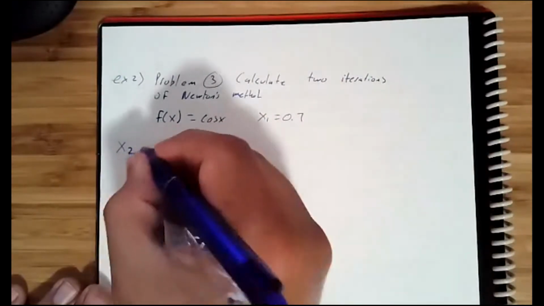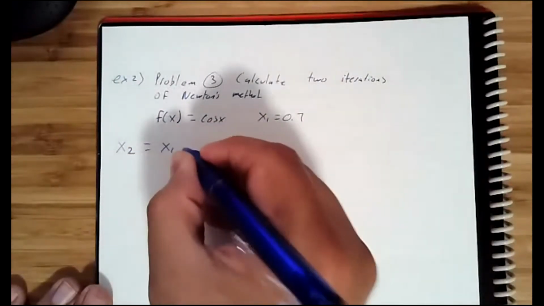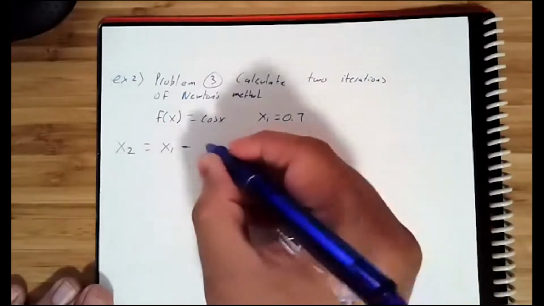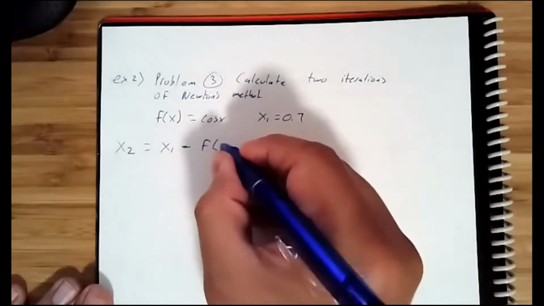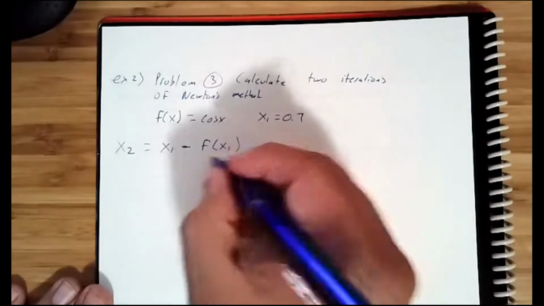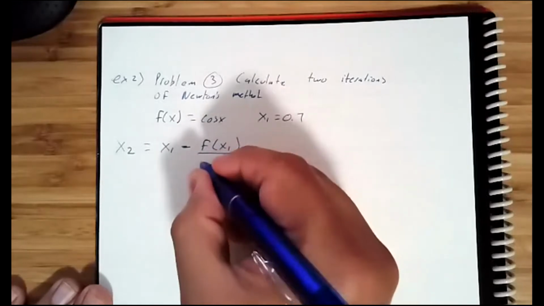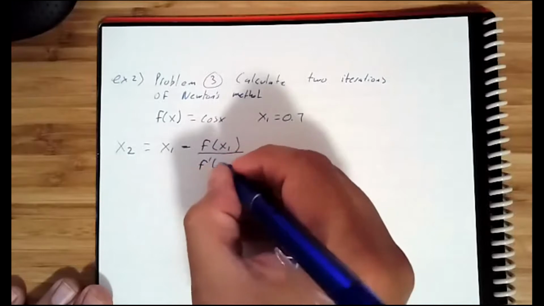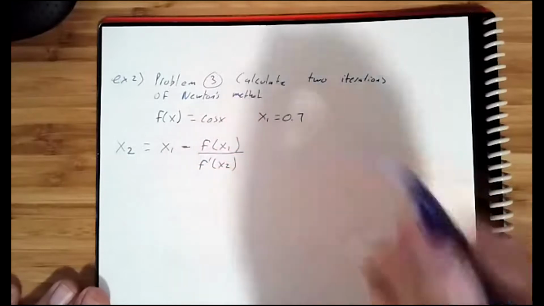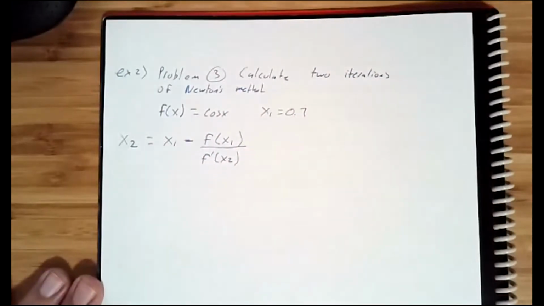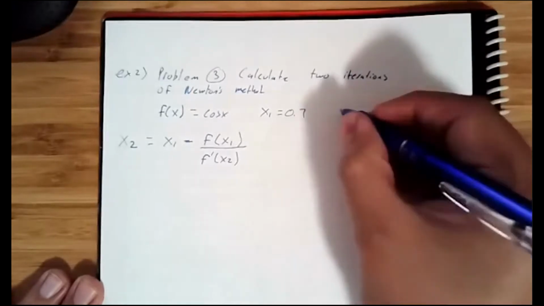So x2 is equal to x1 minus f of x1 over f prime of x1. So we're going to need the derivative.